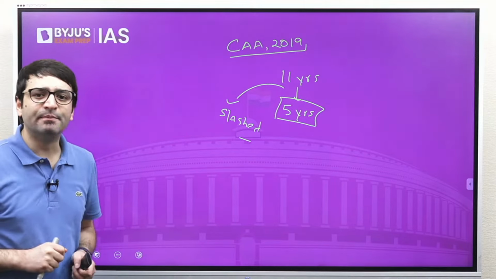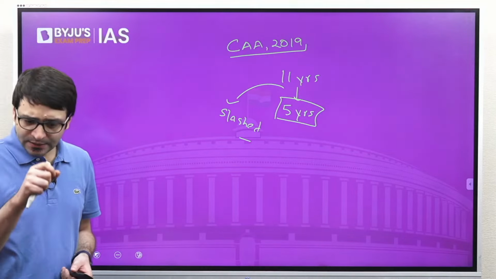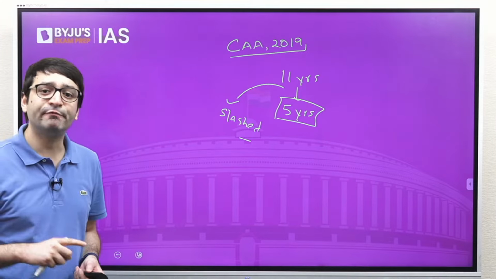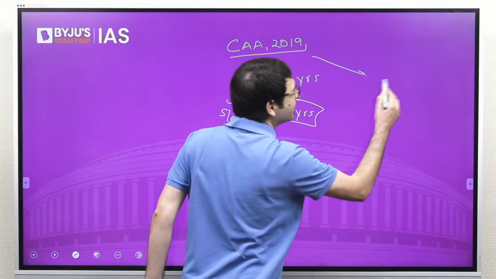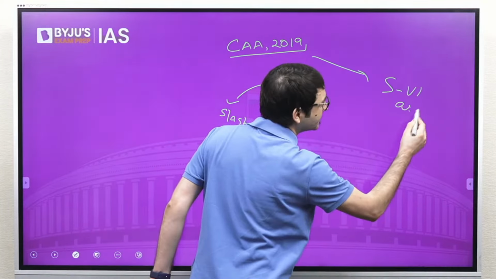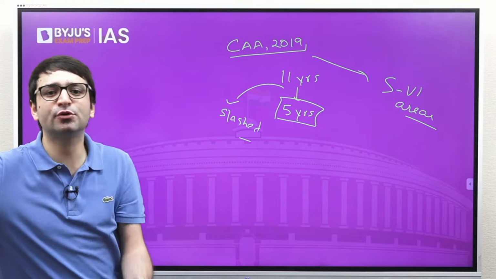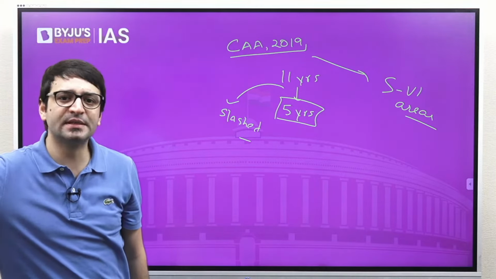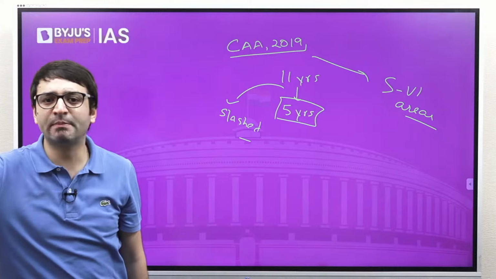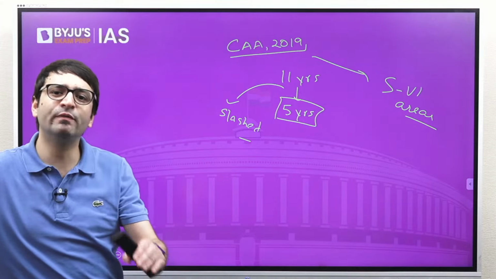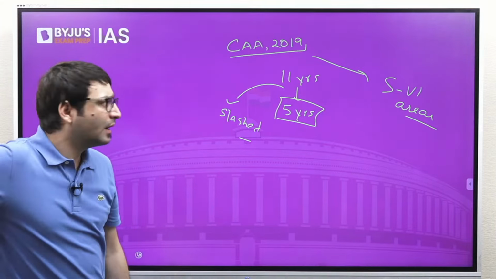But at the same time, there are some exceptions. That this Citizenship Amendment Act will not apply to Schedule 6 areas. Mr. Amit Shah, who was on a visit as the Home Minister of this country to West Bengal, he promised that we will implement Citizenship Amendment Act after the COVID wave subsides.